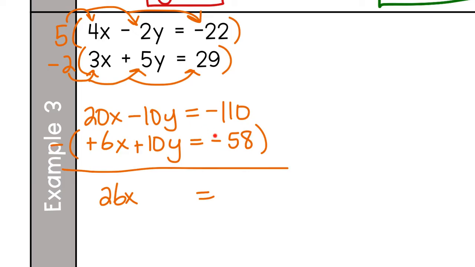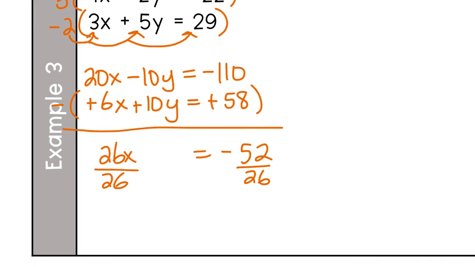Again, with the minus negative, that's going to turn this to a plus. So what is negative 110 plus 58? That gives us negative 52. Then I'll divide both sides by 26. So our x value is negative 2.